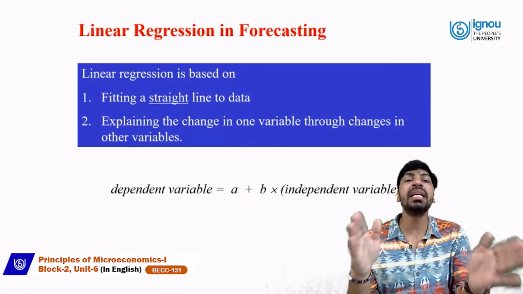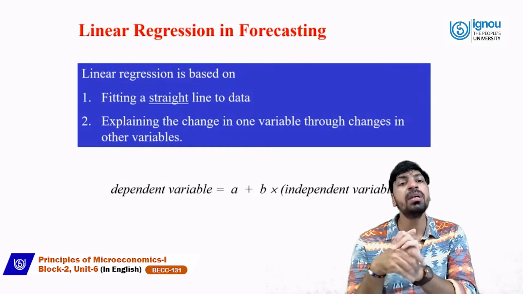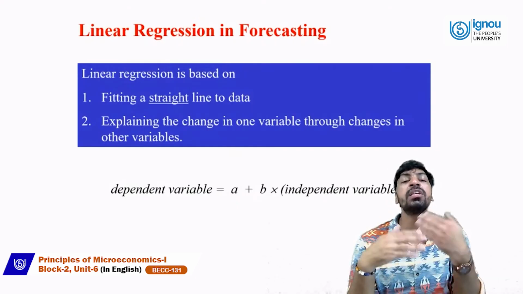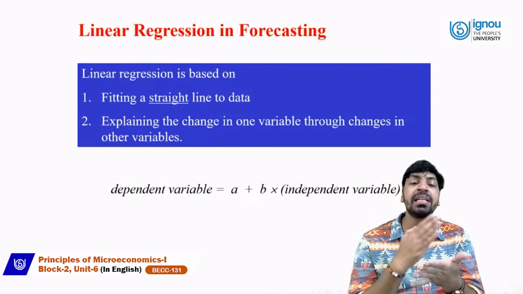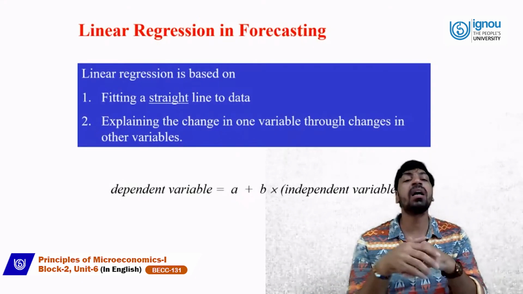So this is the linear regression equation, the main equation that will be used to know whether a straight line would be possible while using the data or not.